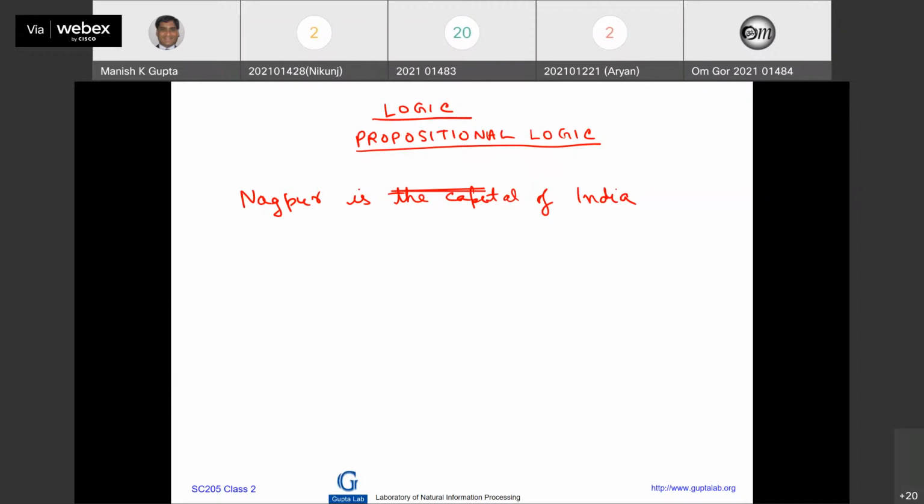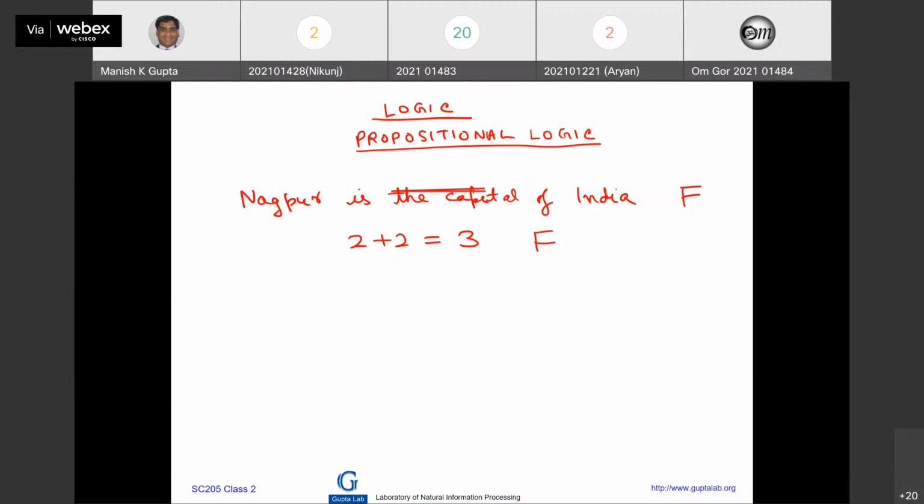So is it true or false? I can say it is false, right? Very good. 2 plus 2 is equal to 3. If you're doing modular arithmetic, of course, what is the context? That is very, very important, right? So sometimes 2 plus 2 is equal to 3 also.